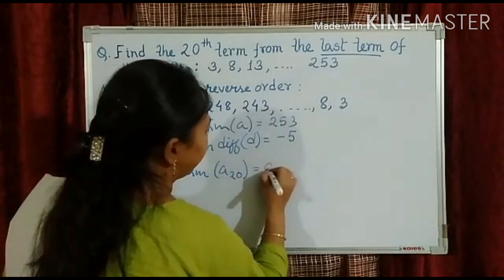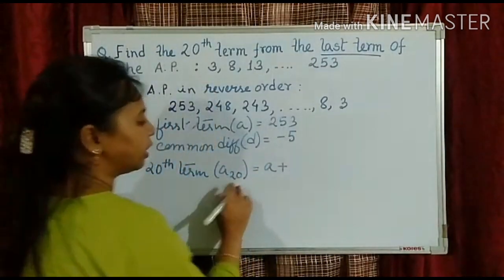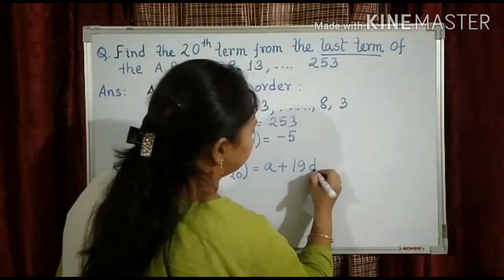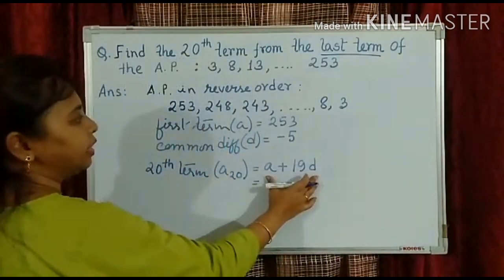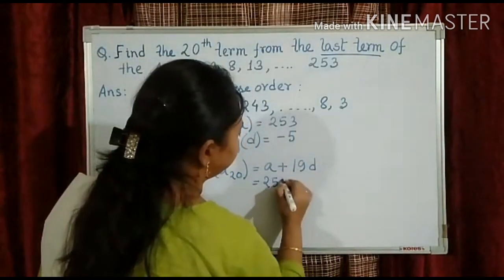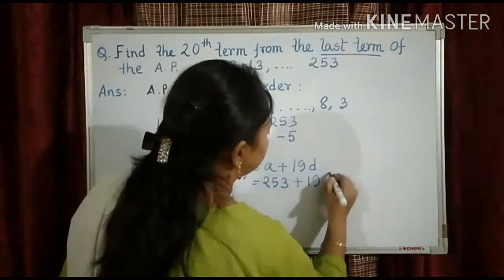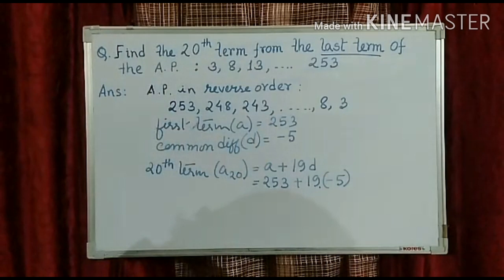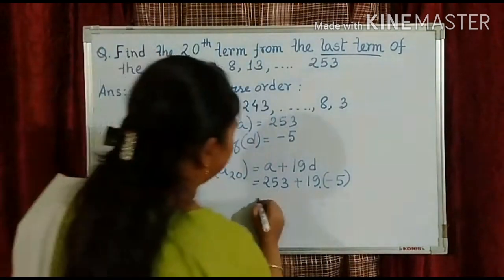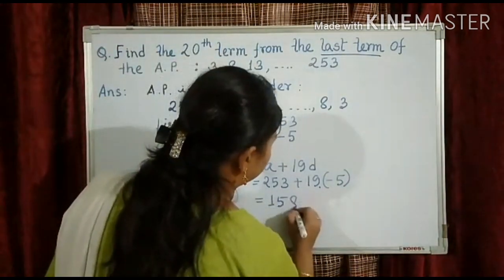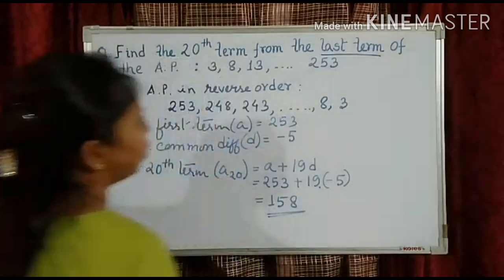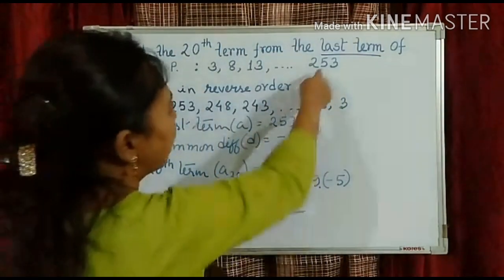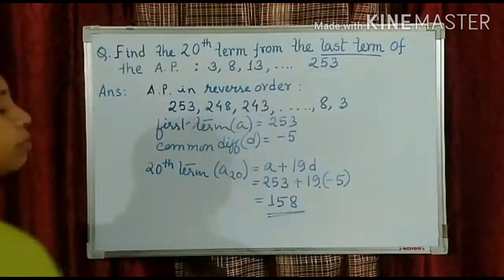A20 means A plus 20 minus 1 times D, which means 19D. Then we put the values of A and D. A value is 253 and D value is minus 5. So 19 into minus 5. Ultimately the answer will be 158. So in the series, the 20th term from the last will be 158.